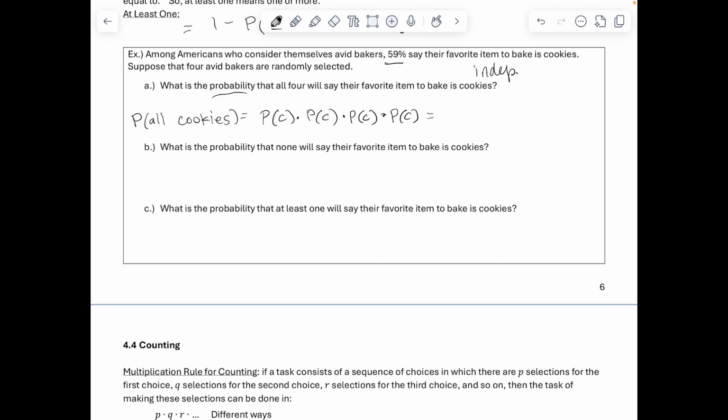The percent was 59%, which again, moving your decimal point twice to the left, is going to be 0.59 times 0.59 times 0.59, and then times 0.59. You can also write this with an exponent and say 0.59 to the fourth. When you do this and multiply it out using your calculator, you get 0.1212.